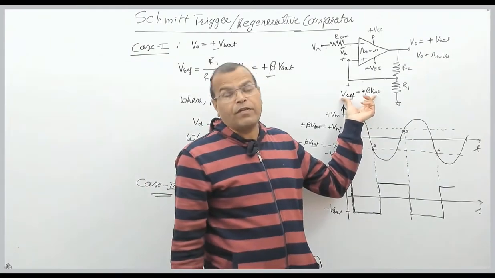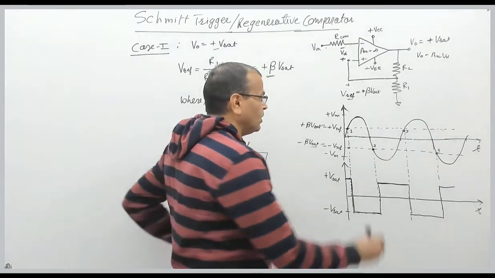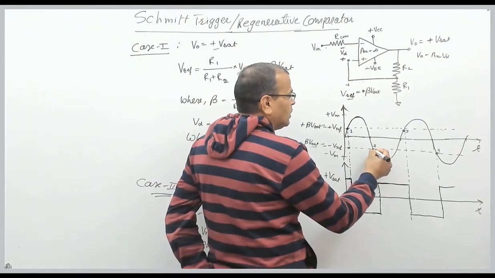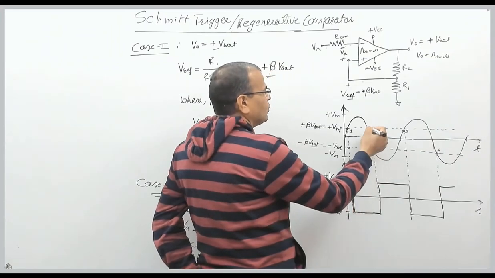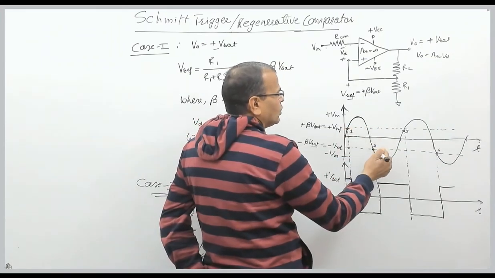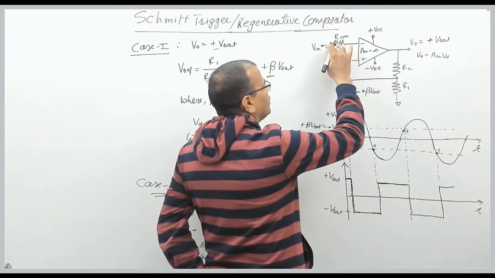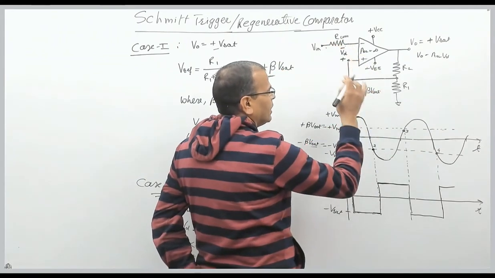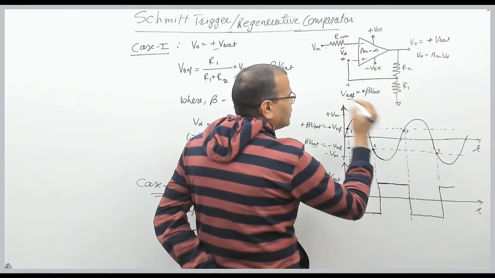Accordingly, my reference input will change to plus beta into Vset. So from this instant onward, see it carefully, my reference voltage has changed to plus beta into Vset. So now reference for comparison with input voltage is plus beta into Vset. From this point onward, reference has become this.